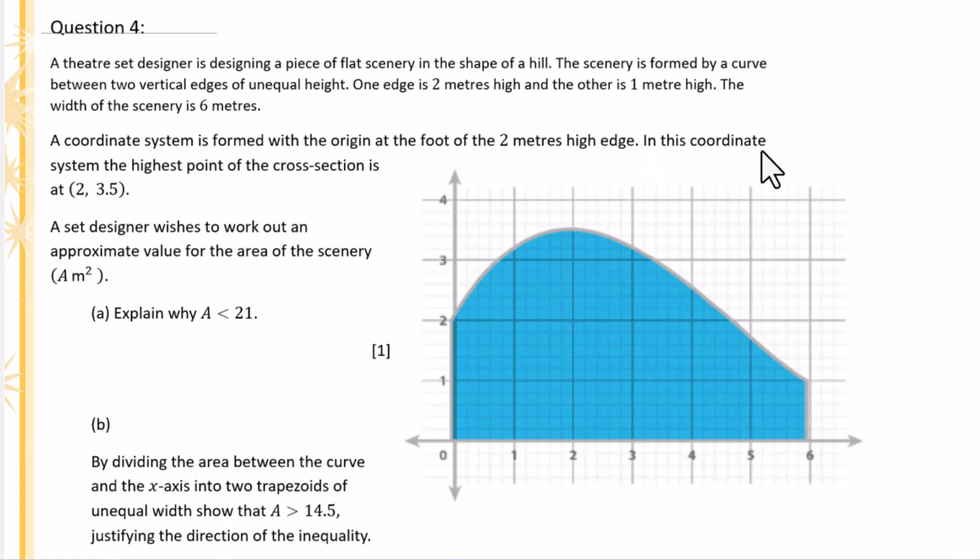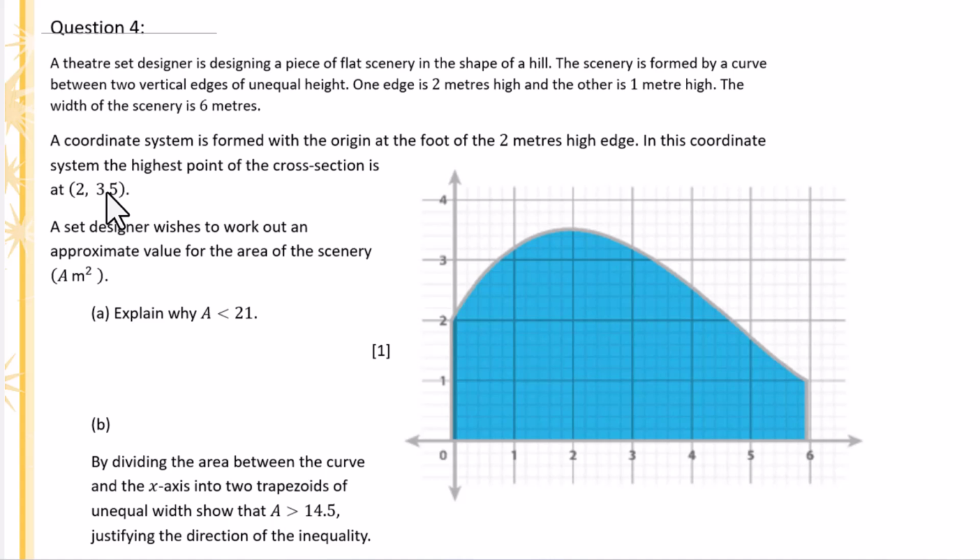In this coordinate system, the highest point of the cross section is at (2, 3.5). A set designer wishes to work out an approximate value for the area of the scenery.